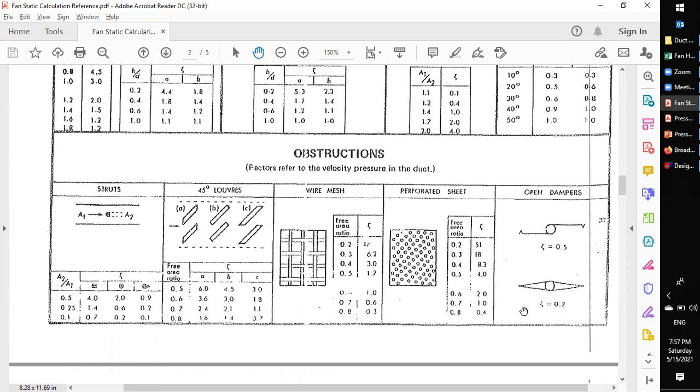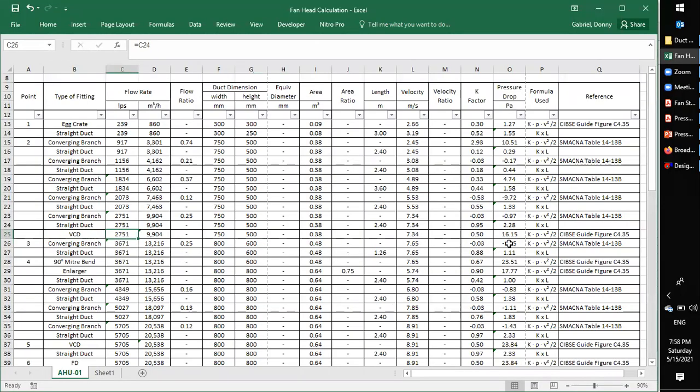Let's assume the worst case scenario. We're using the butterfly dampers, and the K factor is 0.5. So it's easily defined. We put VCD, K factor, 0.5.